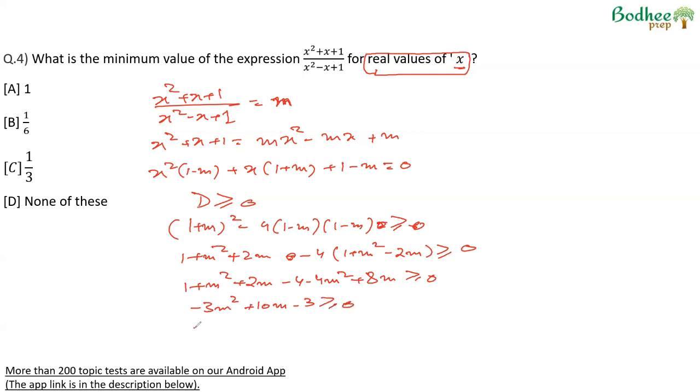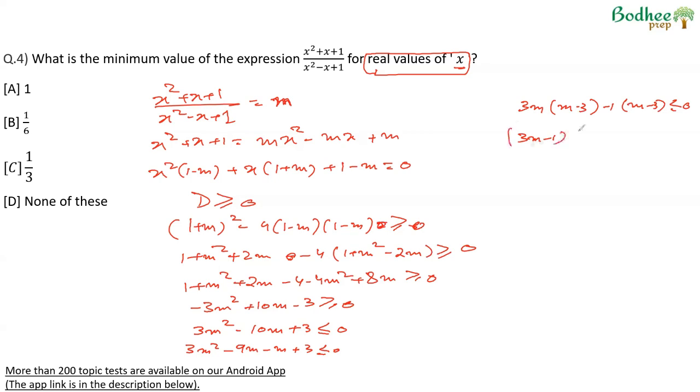Multiplying by negative, we get 3m square minus 10m plus 3 is less than or equal to 0. This can be written as 3m square minus 9m minus m plus 3 is less than or equal to 0, which means 3m into m minus 3 minus 1 into m minus 3 is less than or equal to 0, or 3m minus 1 into m minus 3 is less than or equal to 0.